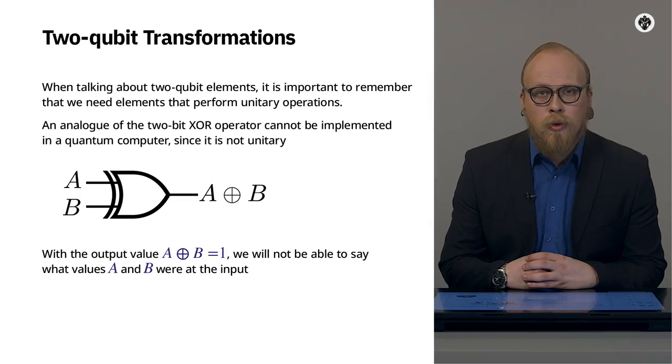With an output value of 1, we will not be able to determine what the values of the first and second qubit were in the input. So information is lost. Unitary quantum elements are always reversible, and therefore the result of the action of a quantum gate can always be inverted by another quantum element with an inverse unitary transformation.